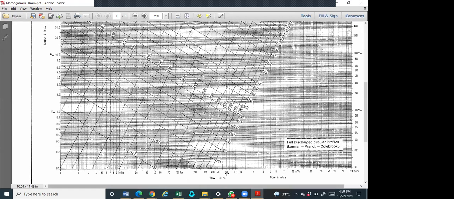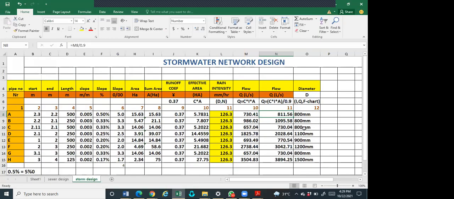Okay, so 1000, can read it up to 1 point something. It's giving me 1 meter pipe. So that is how you will size this pipe, all of them. After sizing them, you now go and detail them, and that will be your stormwater design.